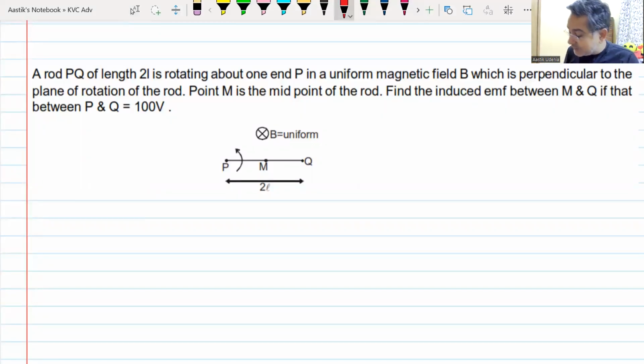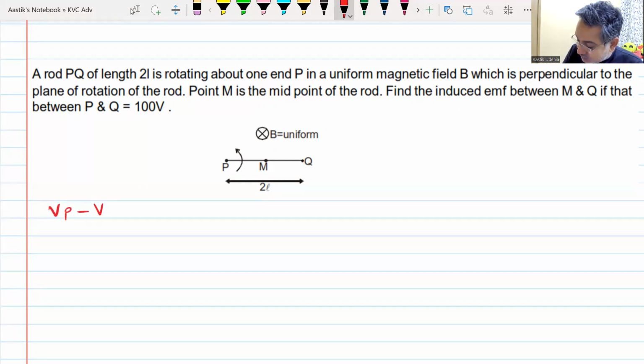So, potential difference between P and Q. Which point will be at a higher potential, and which point will be at a lower potential? P will be higher.